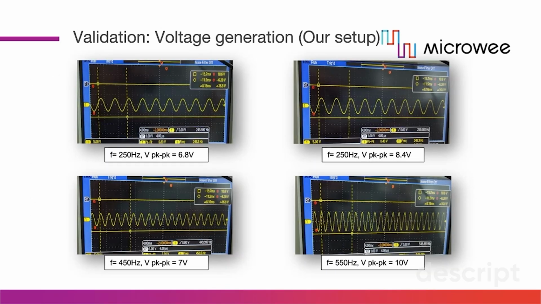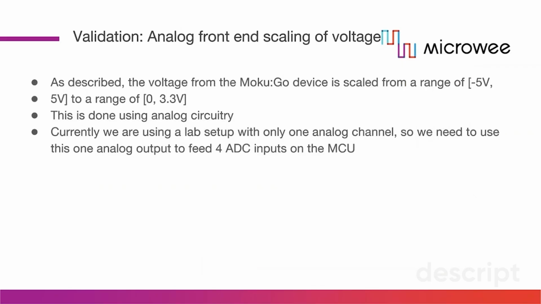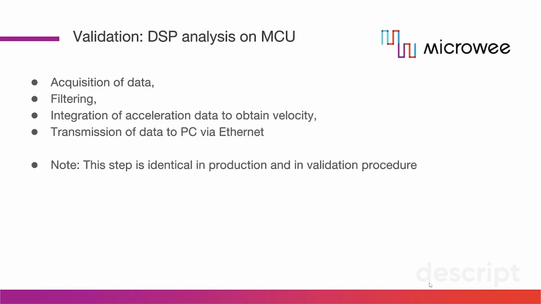Here are some images from the oscilloscope for different frequencies and different output voltages on the Moku device. We are using one analog output to feed 4 ADC inputs, which is not ideal, but it proved satisfactory in our testing. The MCU performs the exact same analysis as it does on our actual system.